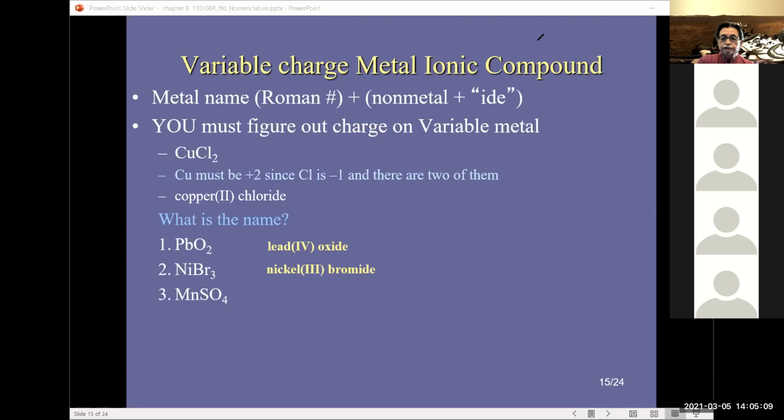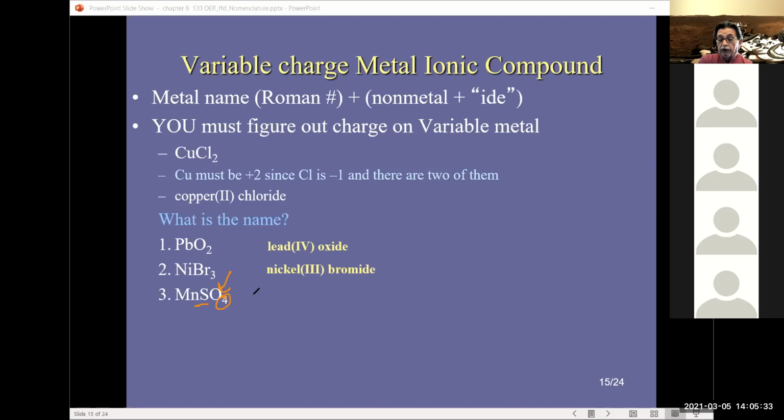Manganese. All right, so I'm looking at this and I see sulfur. My first indication is sulfide, but then I noticed that I got an oxygen immediately following that. So now I'm talking polyatomic ion. And I got 4 oxygens. So definitely polyatomic ion attached to the sulfur.